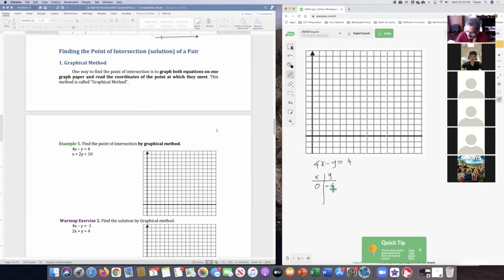If I plug in y equal to 0, then I'm getting x equal to 1. So (0, -4) is 1 point, (1, 0) is another point. (0, -4) is down here outside the graph paper, but I can still use it. (1, 0) is the other one, x equal to 1, y equal to 0. So I join them by a line, then that'll be my graph.